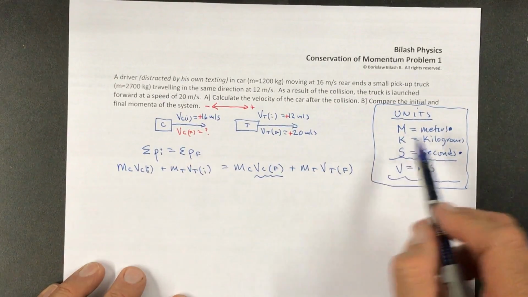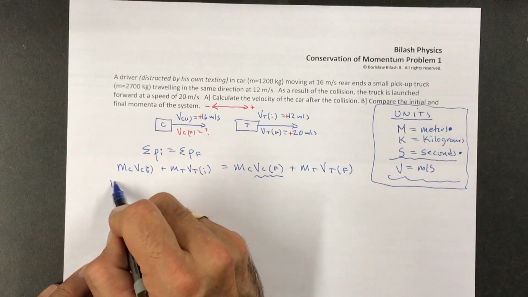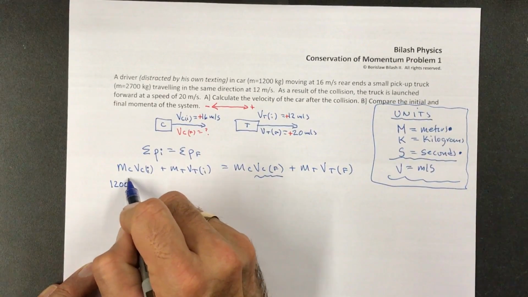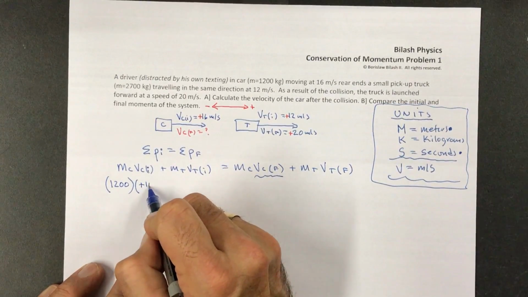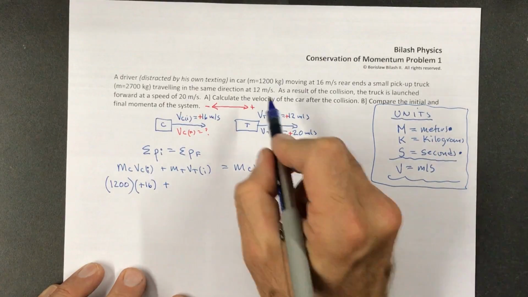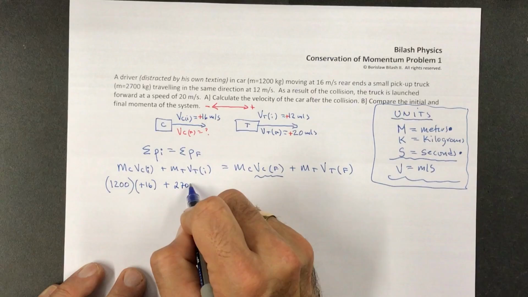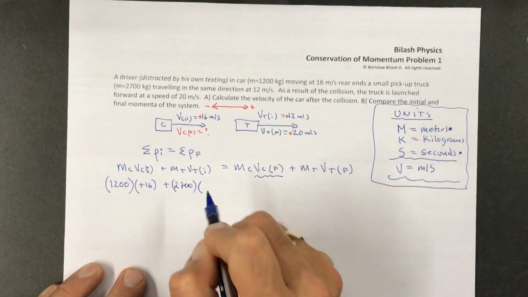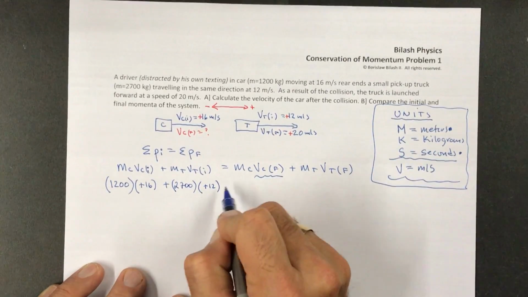So our mass has to be in kilograms, and it's given to us in kilograms, so that's fortunate. No conversion necessary. So it's 1200 times the initial speed of positive 16, plus the mass of the truck, given as 2700 kilograms, times its initial velocity, positive 12.